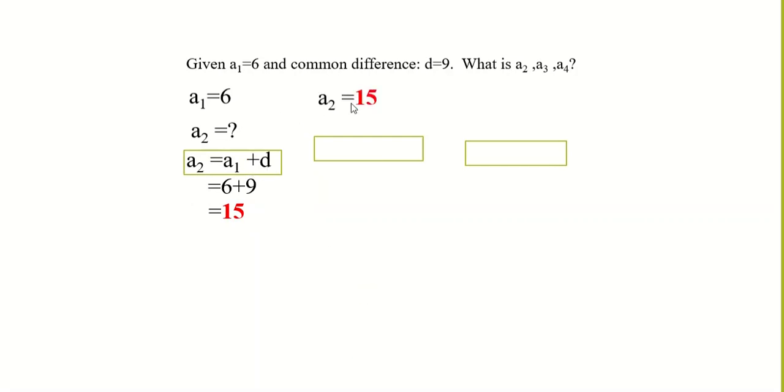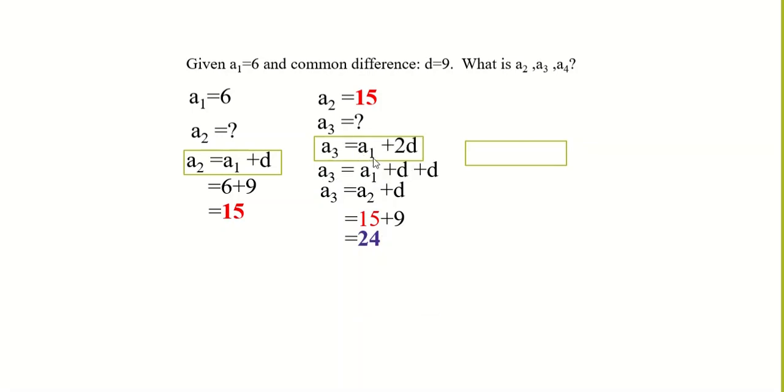To get the third term, from 15, you simply add 9. And this 15 can be substituted as a sub 2. Your a sub 2 is equivalent to a sub 1 plus d. Therefore, your a sub 3 is simply a sub 1 plus 2d. Your a sub 3 is 24.